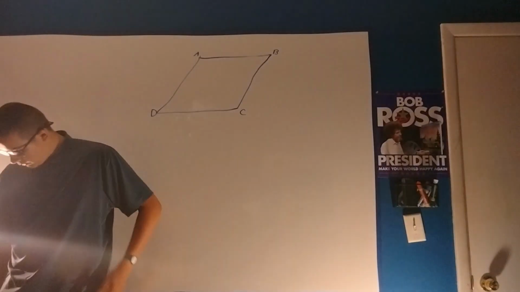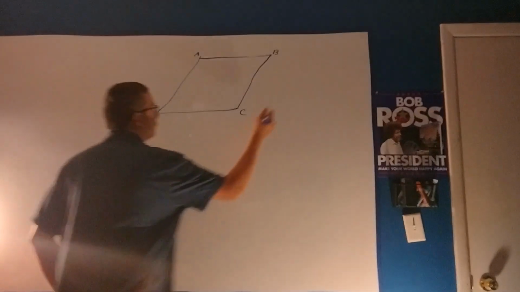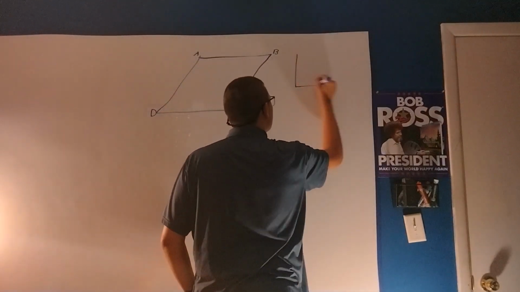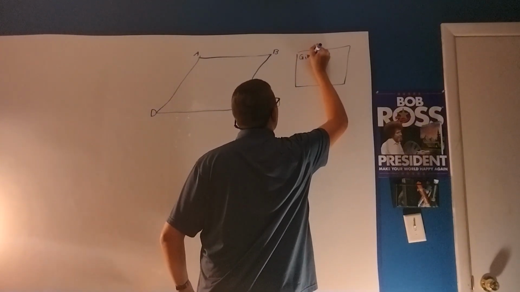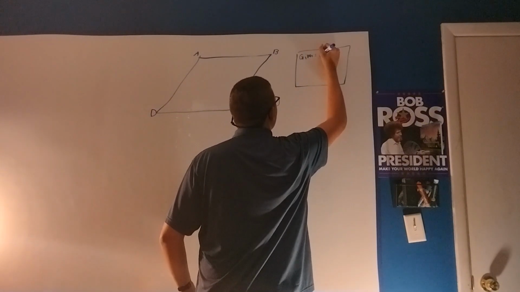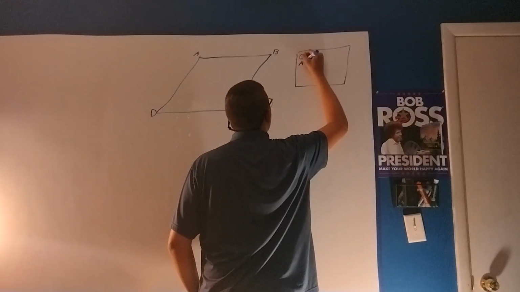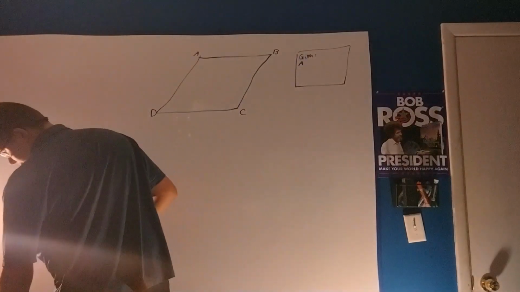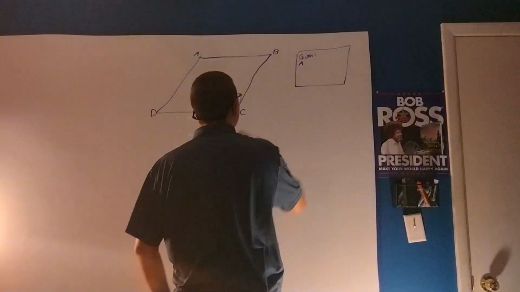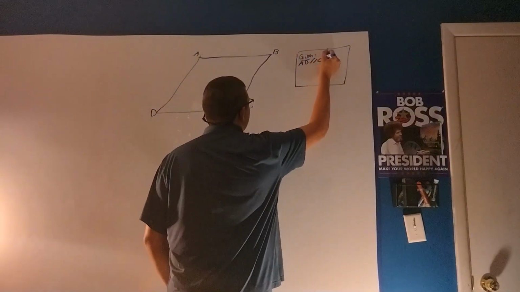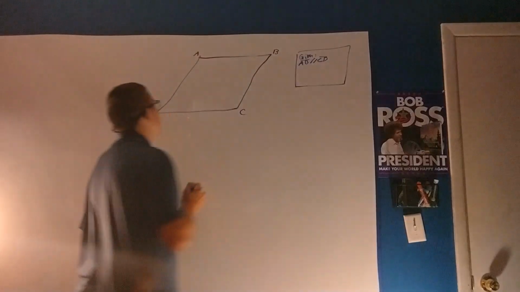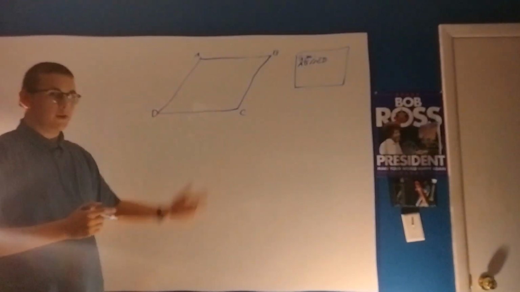And we're given that line AB is parallel to line CD, which just makes this a parallelogram.